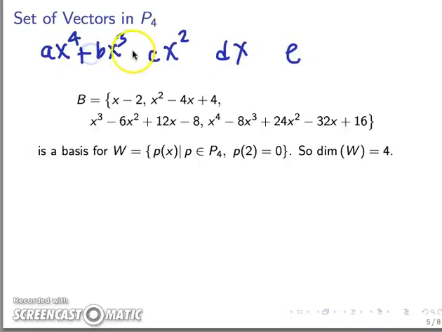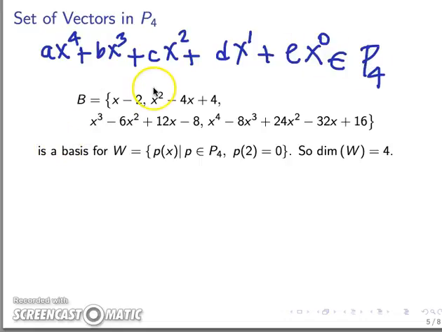So we can write a polynomial of degree 4 with 5 coefficients. E really is a coefficient, but it's multiplying the power x to the 0. D multiplies the power x to the 1. So this would be a member of P sub 4, this being a general way of describing a polynomial which has the largest power being x to the 4.